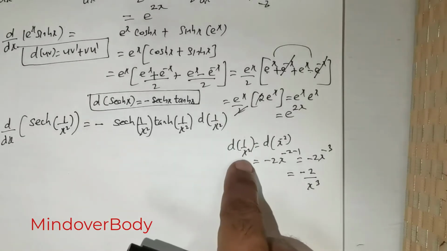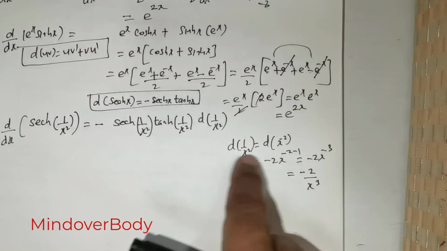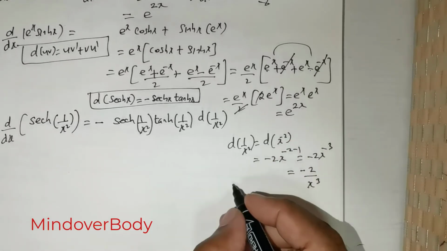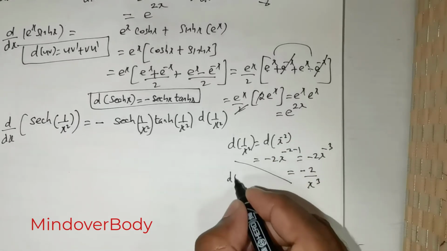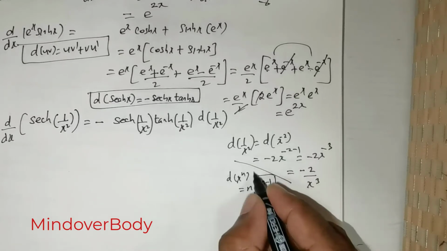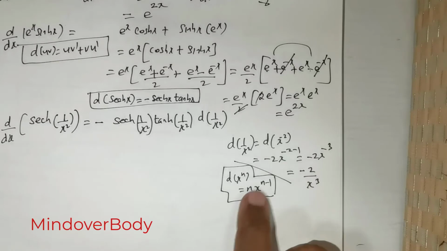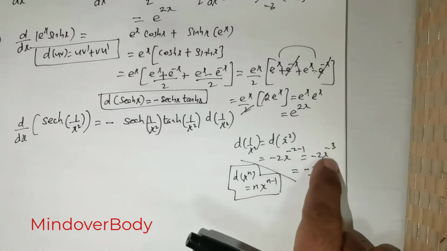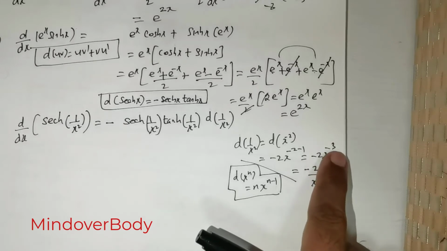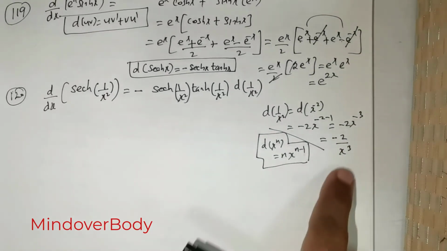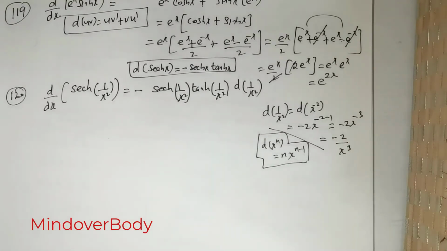Whenever you have a quantity like this, the best way is to take it to the numerator and then differentiate, because I am basically using this formula, d of x power n is equal to n times x raised to the power of n minus 1. So by this formula, this is negative 2 times x raised to the power of negative 2 minus 1, which gives me negative 3, and this is a negative exponent, so it can be brought down, and that's the reason I'm bringing it down, retaining the negative sign.